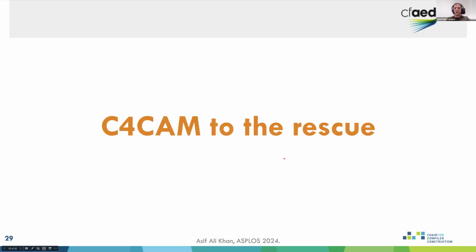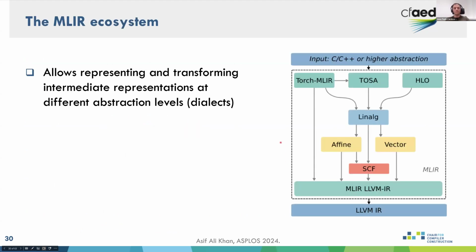And that's why C4CAM comes to help, which is this compilation framework that we develop on top of MLIR. So MLIR, just for the sake of a brief introduction, is a compilation ecosystem for reusable and extensible modules in a compiler.